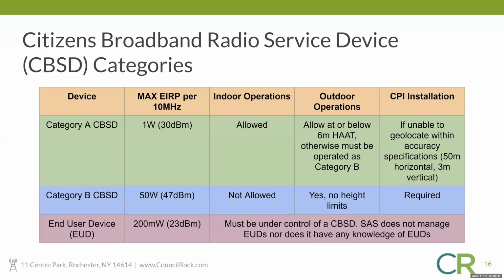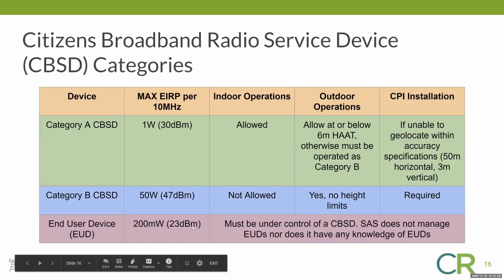The reason for that is the SAS is the key element that guarantees there is not going to be interference to incumbents and PALs. So there is a need for a CPI to validate all of that information so that the SAS can do all of the analysis it needs to do, to make sure it's not going to allow devices that are going to cause any harmful interference.